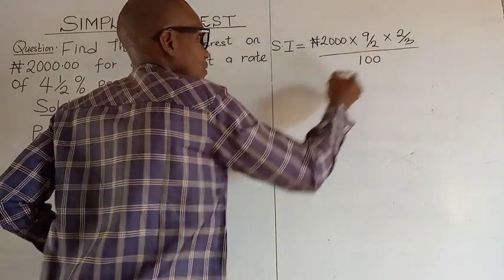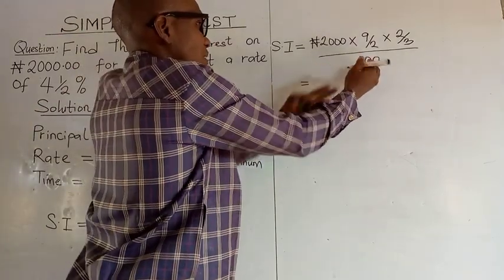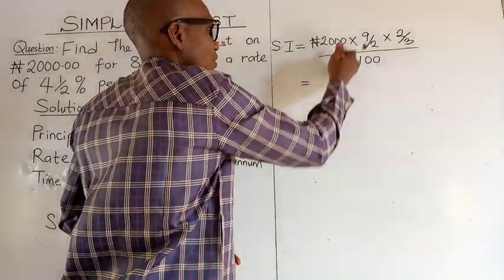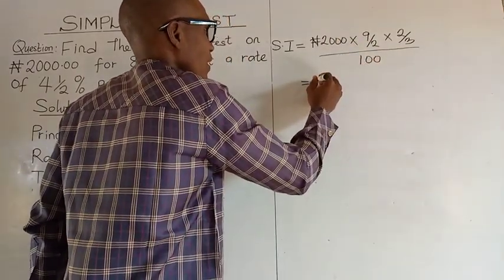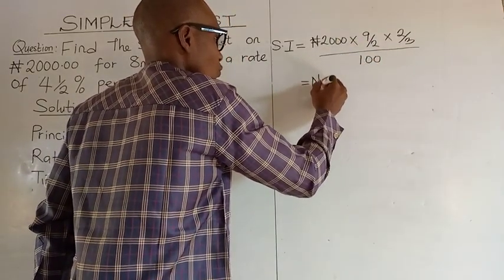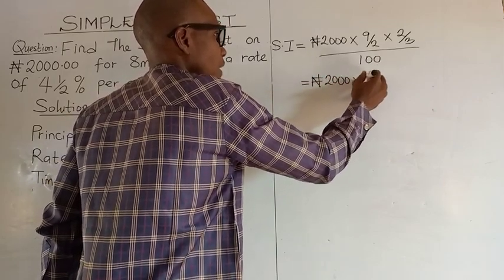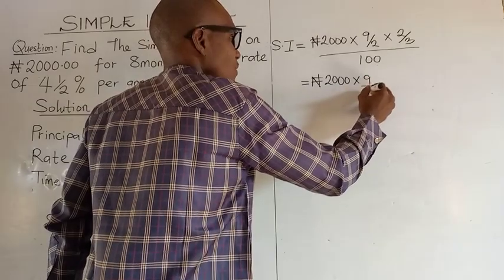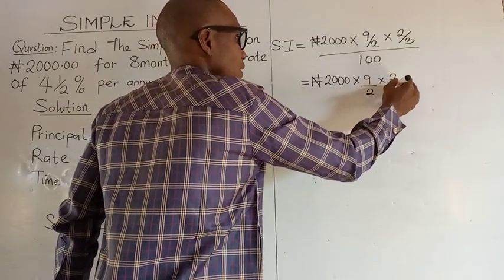Since we have 100 here, we can say 100 over 1 because this is dividing. So we can write it as 2000 multiplied by 9 all over 2 multiplied by 2 all over 3.